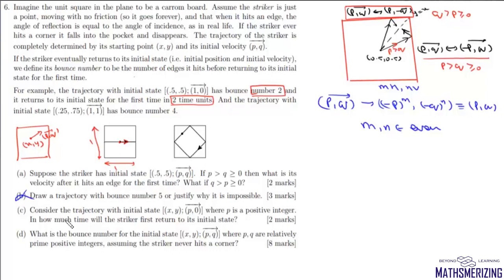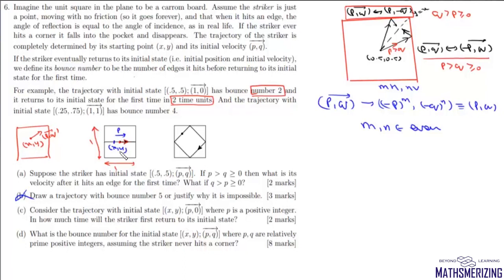Now question number C, it says, consider a trajectory with initial state (x, y) and velocity (p, 0). So here, suppose we have any position, say (x, y), and the velocity is in the horizontal direction and it is p. Now we need to find the time that the striker takes to return to its initial state.